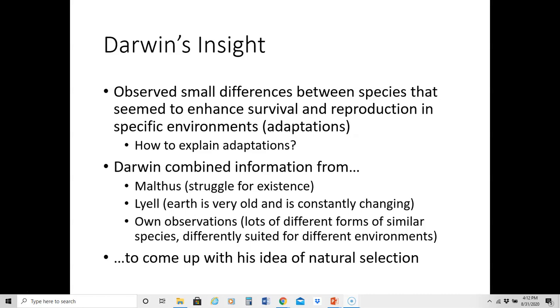He didn't really know how to explain adaptations, so he took a bunch of information, not just from his observations, but also from Malthus, The Struggle for Existence, Lyell, that the earth is very old and constantly changing. He used Lamarck's idea that species can change, and then his own observations that there are lots of different forms of similar species differently suited for different environments. And he used all these to come up with his idea of natural selection.